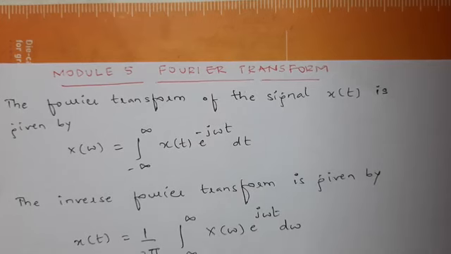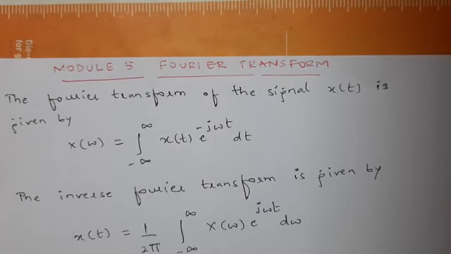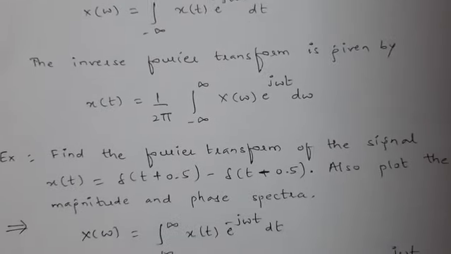So the basic knowledge of Fourier representation you should have is Fourier series is applied for periodic signals, Fourier transform is applied for non-periodic signals. So with the knowledge of these two equations, that is Fourier transform and inverse Fourier transform, we will go for solving an example.